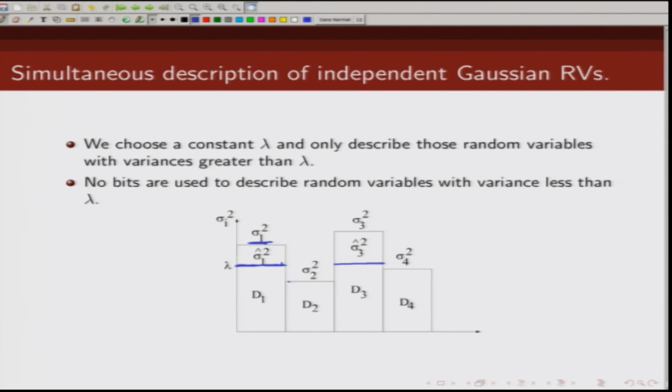However, for d2 and d4, lambda is greater than sigma square. So in this case, the distortion will be given by sigma 2 square and sigma 4 square. And as I said, this is interesting: we are only going to describe those random variables whose variance is greater than lambda, and no bits are going to be used for those random variables whose variance is less than this threshold lambda.